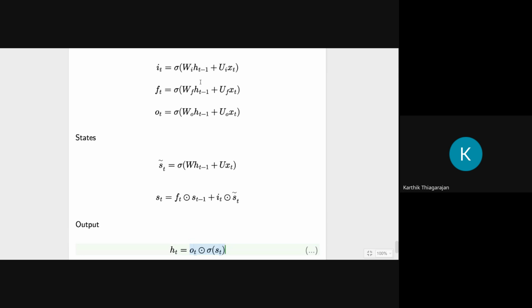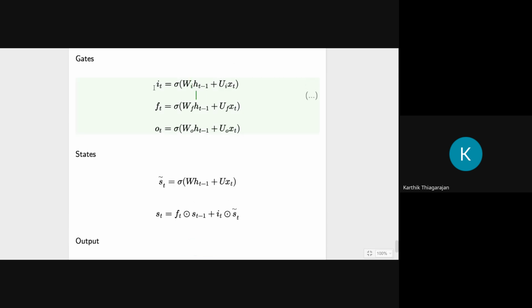All these gates are not static entities; they are controlled by learnable weights: WI, WF, WO, and UI, UF, UO. Once you finish the learning, these will contain the information of what to select.